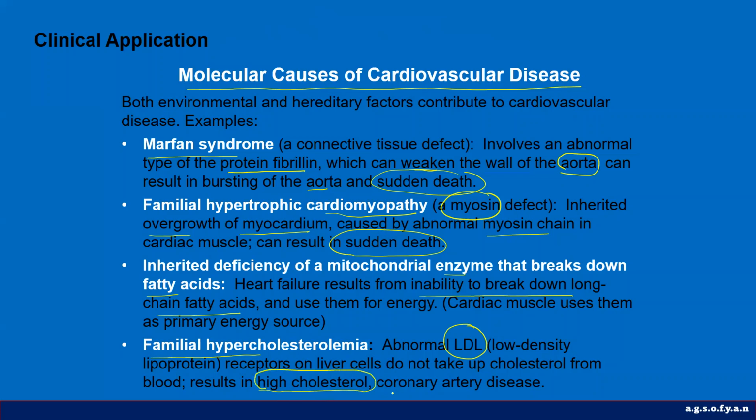Okay, so this is one of the causes of coronary artery disease, which is the build-up of cholesterol in the blood vessel. And there are some people that have this inherited disease, called hypercholesterolemia.